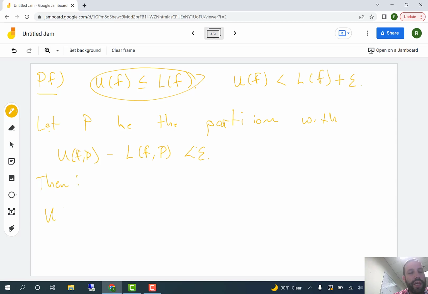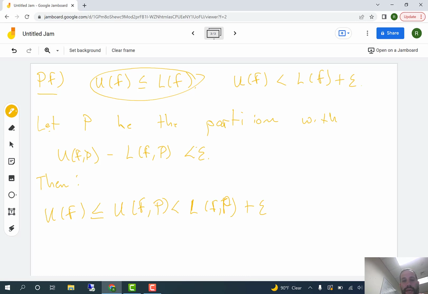Then we know that U of f is the infimum of all of the U of fp's. So I know that U of f has to be less than or equal to U of fp. This inequality here tells me U of fp is less than L of fp plus epsilon. If I just add L of fp to both sides, I get U of fp is less than L of fp plus epsilon.